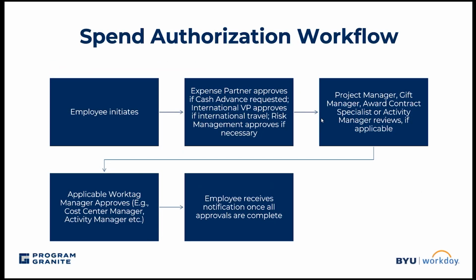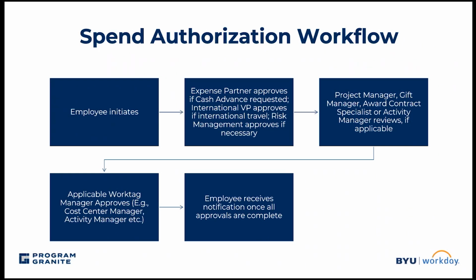So this is the process of a spend authorization, how it goes. The employee will initiate it, or if you have delegate access for that employee, you can initiate a spend authorization for them. If there are any cash advances, which typically in continuing education we don't have a whole lot of, it will go to the necessary approvals, either the VP if it's international, or risk management.